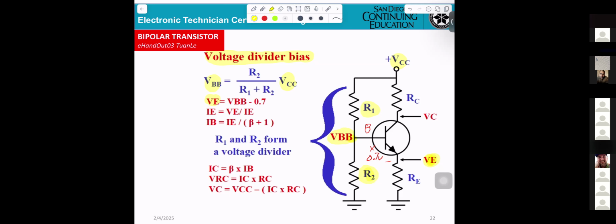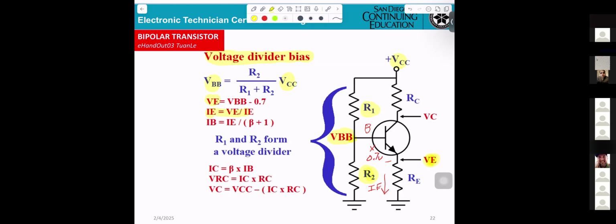If you get a VE, it's easy for you to calculate the IE. IE equals VE divided by RE, right here.